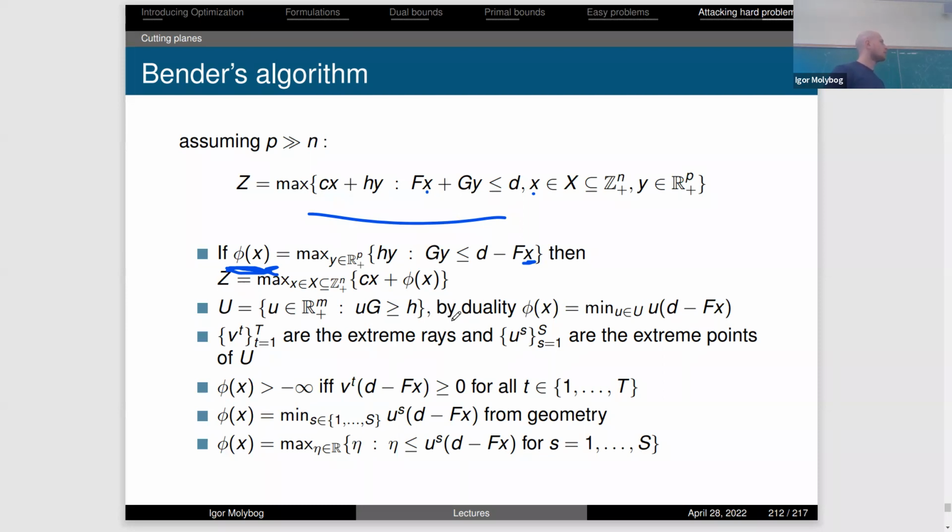One of the most interesting and important forms is the one that has a description through the extreme rays and the extreme points of the set U. It's very important to remember what exactly the extreme rays and the extreme points are, and be able to distinguish between them.